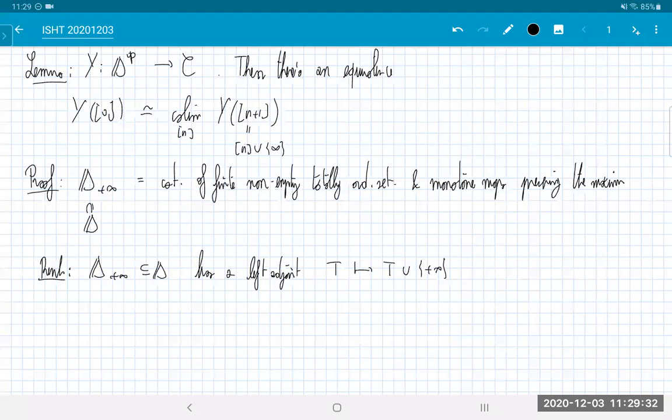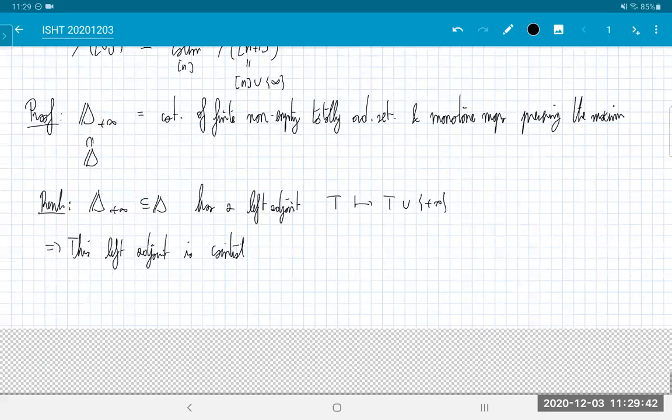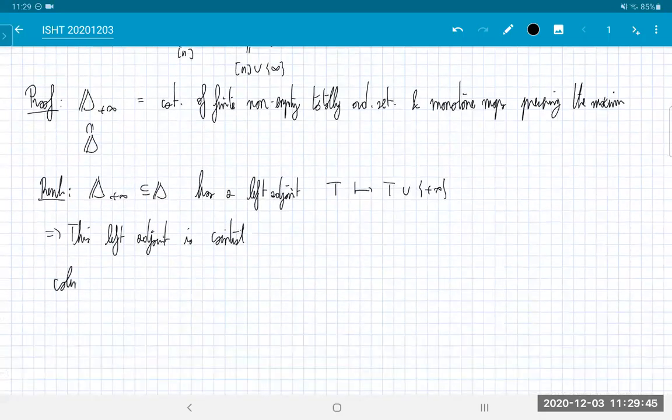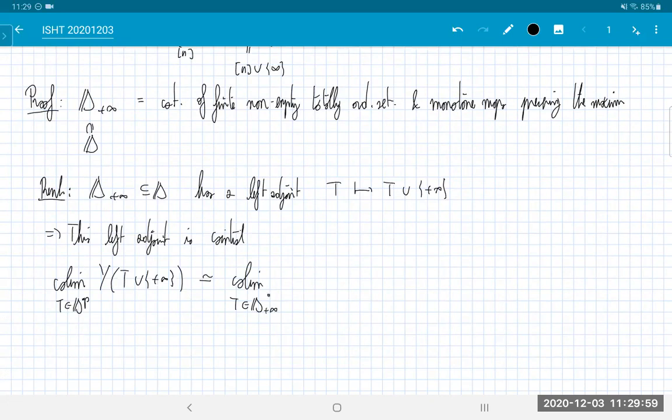So in particular, this left adjoint, since it's a left adjoint, is co-initial. What this boils down to is that the colimit over t in delta op of y of t union plus infinity is equivalent to the colimit over t in delta plus infinity op of y of t.